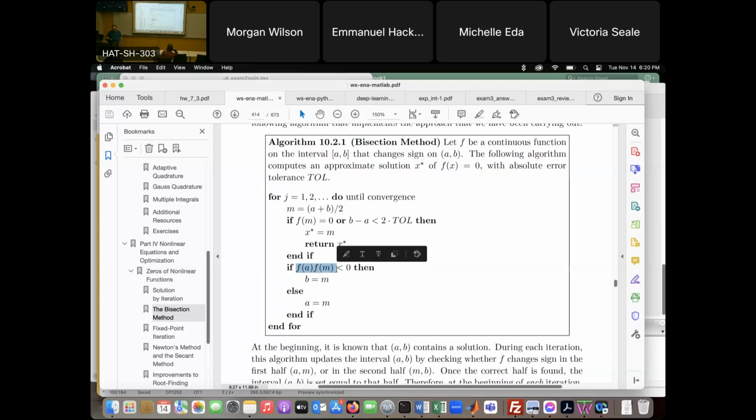The alternative would be to compare: is f(a) less than 0 and f(m) greater than 0, or f(a) greater than 0 and f(m) less than 0. But that's a compound condition, a lot of logical operations. I'm not really sure which one is faster, to be honest.